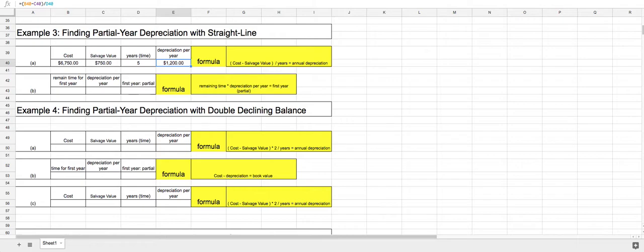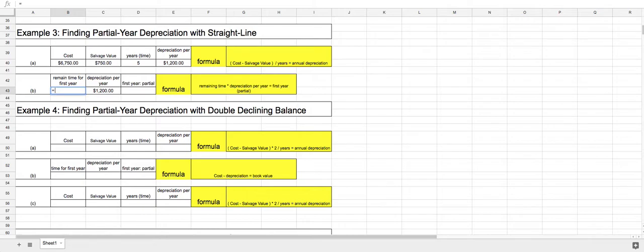Now, the question is asking what is the depreciation for the first year? Well, this bike was not purchased in January. It was purchased later in the year, in October. So that means we have October, November, and December left to calculate just that part of depreciation. We know that the depreciation for the entire year is $1,200, but we need just the last 3 months of the year.